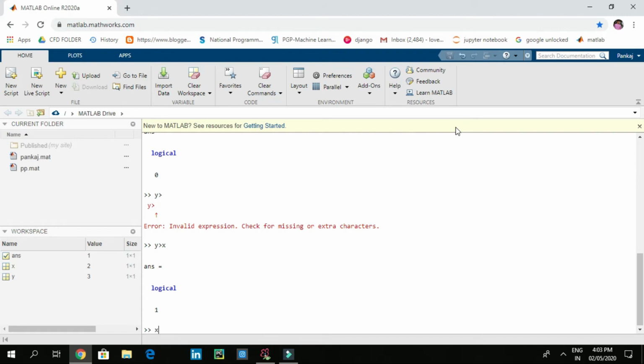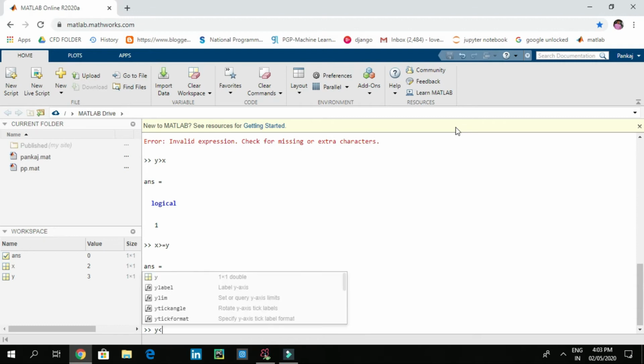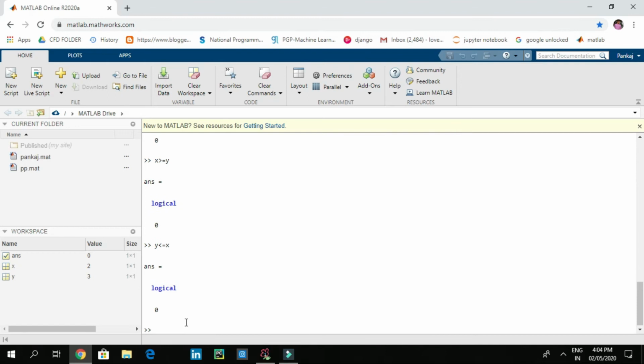Now let's try x greater than or equal to y. It gives the same 0. It is not equal and not greater than y. Then y is greater than or equal to x.